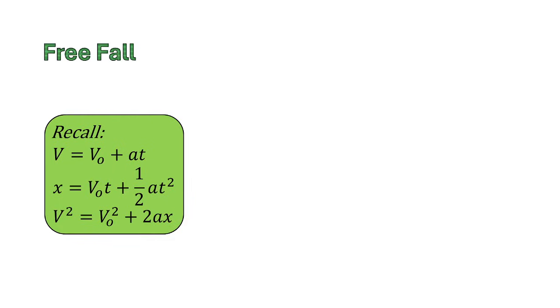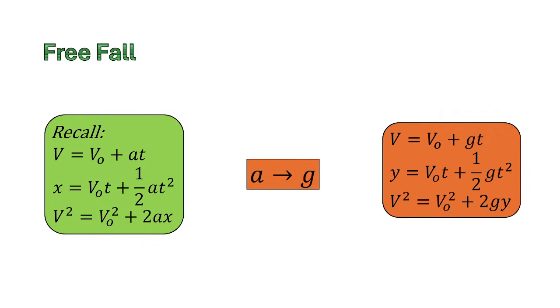But in free fall, we use g as the acceleration. So our free fall formulas: V is equal to V naught plus GT, Y is equal to V naught T plus 1 half GT squared, V squared is equal to V naught squared plus 2GY.